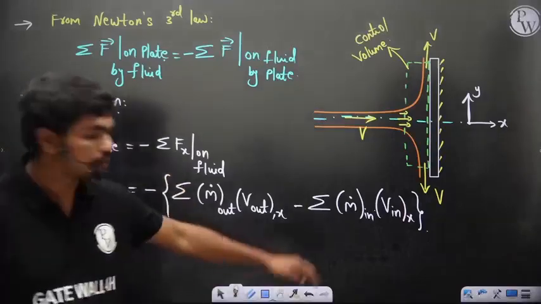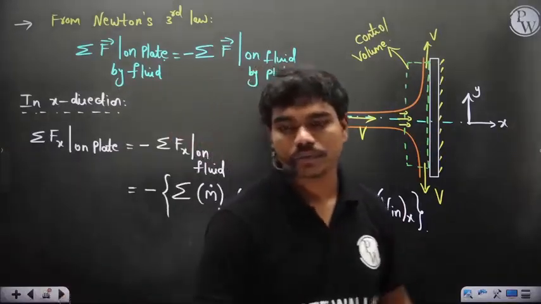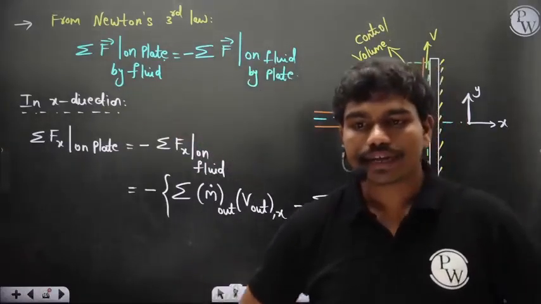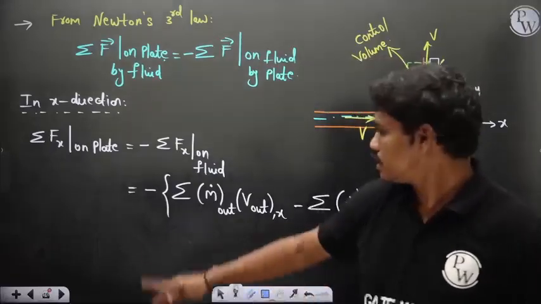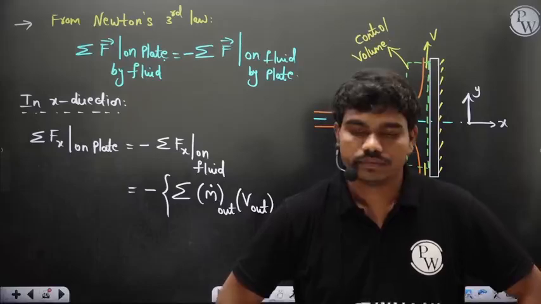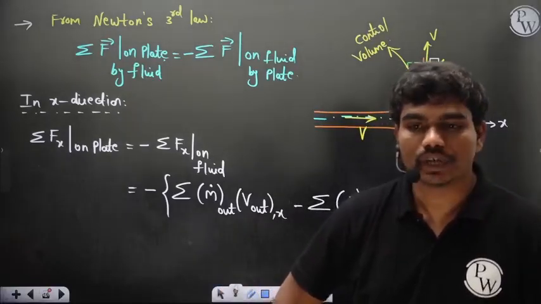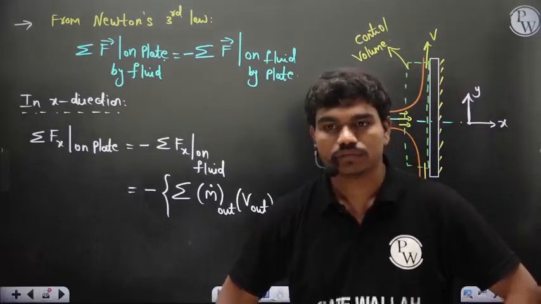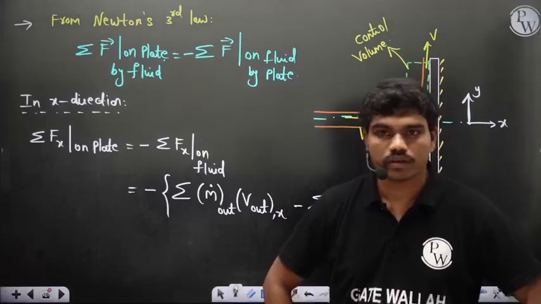Yes or no? Did everyone understand up to here or not? Summation m dot in v in x, and here it is minus. Yes or no? Please type in the chat box.